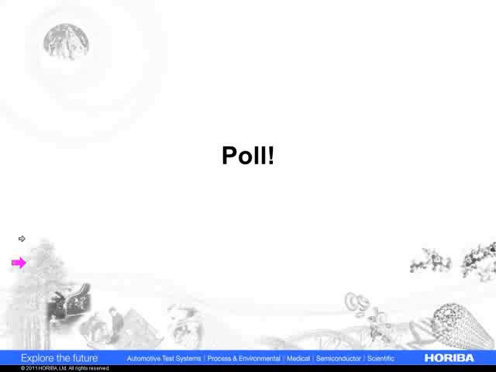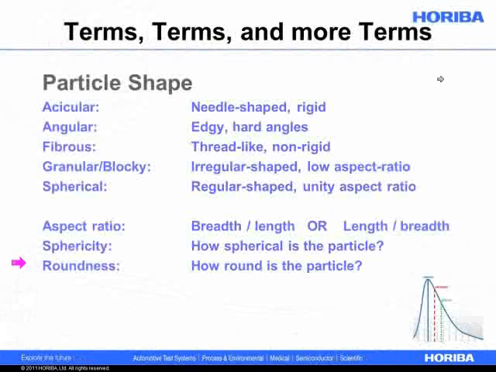So, second poll question. How would you describe your particle shape? Earlier we talked a little bit about irregular particles. I'll put some of the other definitions back up on the screen. And if you go to your chat box, do you have new terms that you could use now? Instead of being irregular, are they angular now?